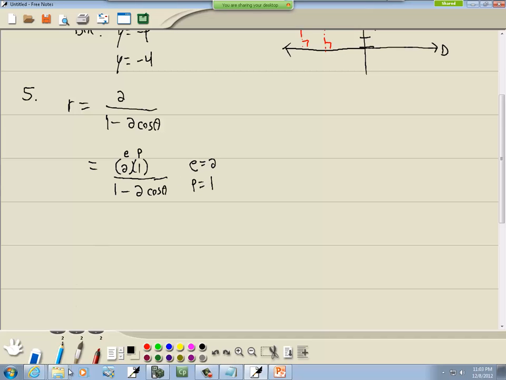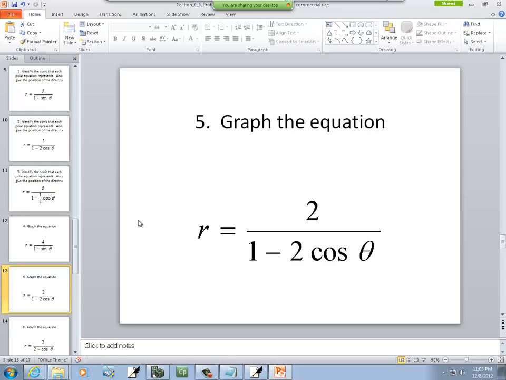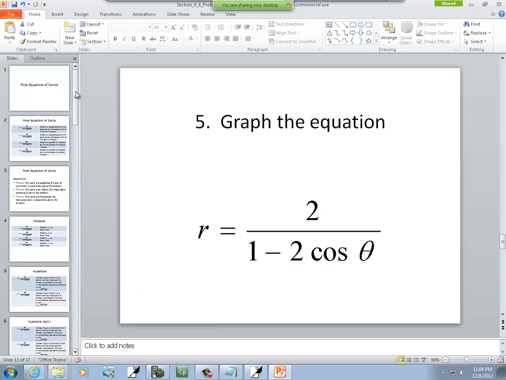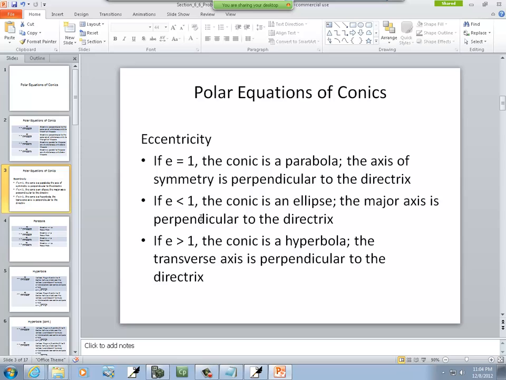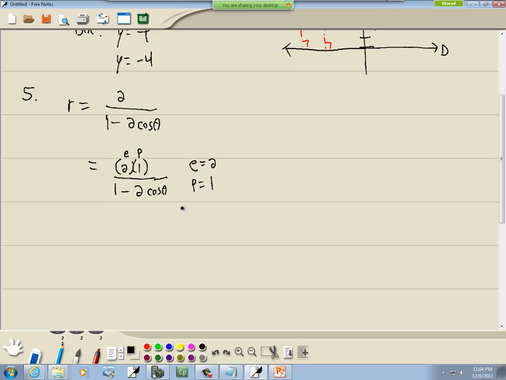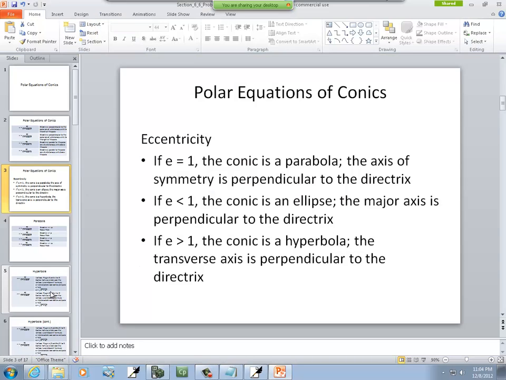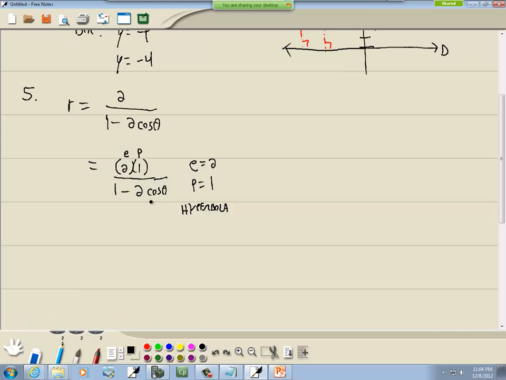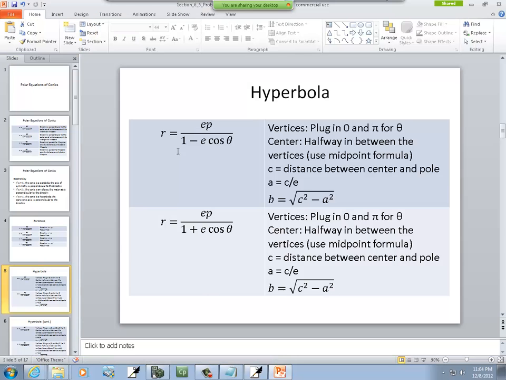Well, let's go see what e being equal to 2 means. e greater than 1 means it's a hyperbola. Okay, so let's go to our hyperbola formulas. Our bottom part has a 1 minus cosine, so we're looking for the formula with 1 minus cosine, which is our first one here.